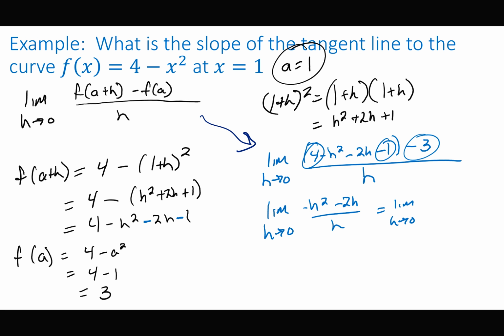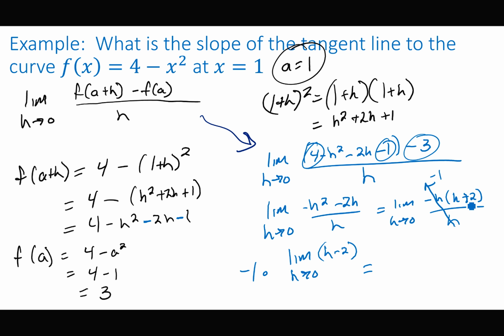Thank you. Yes, that's negative h squared. Good catch. So if I were to factor out a negative h from this top, I would have h plus 2 all over h. These conveniently go to negative 1. So now I have my negative 1 times my limit as h approaches 0 of h plus 2.